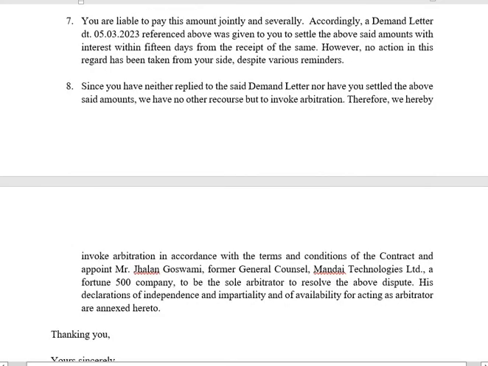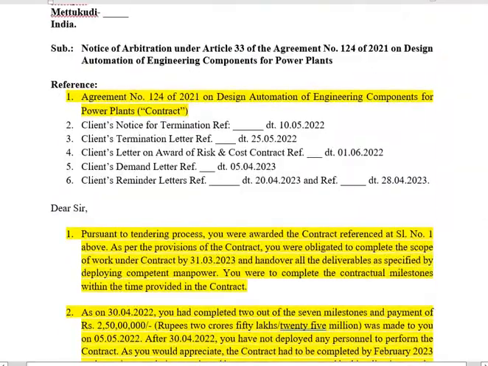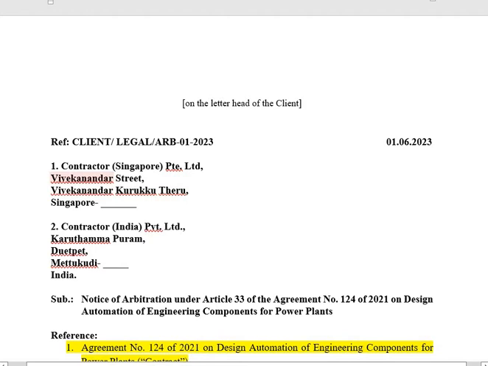The sixth part of the notice of arbitration deals with liability for payment. So in this particular facts and circumstances, the notice says you are liable to pay this amount jointly and severally. Here you must recollect from the previous lecture that there were two parties who constituted the contractor.